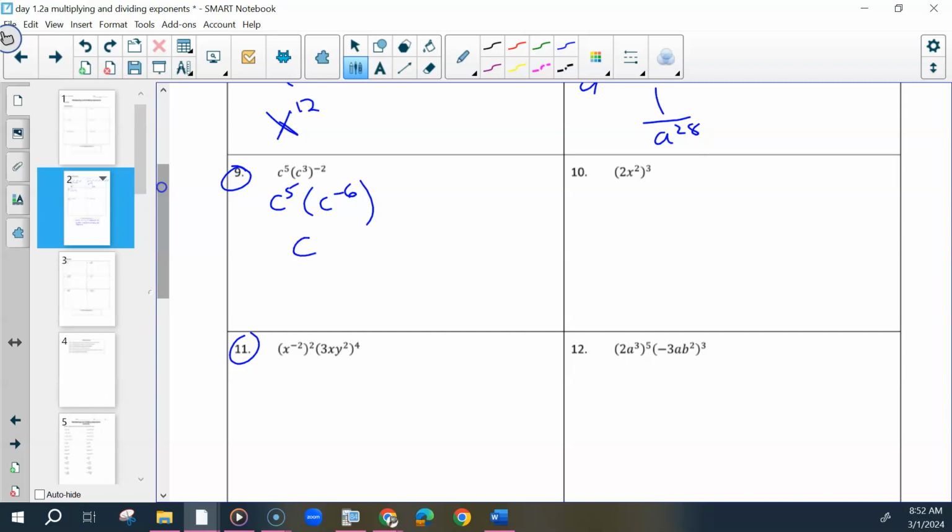So our new exponent would be 5 minus 6, negative 1. And then we rewrite this as 1 over c. Questions on 9 before we do 11?